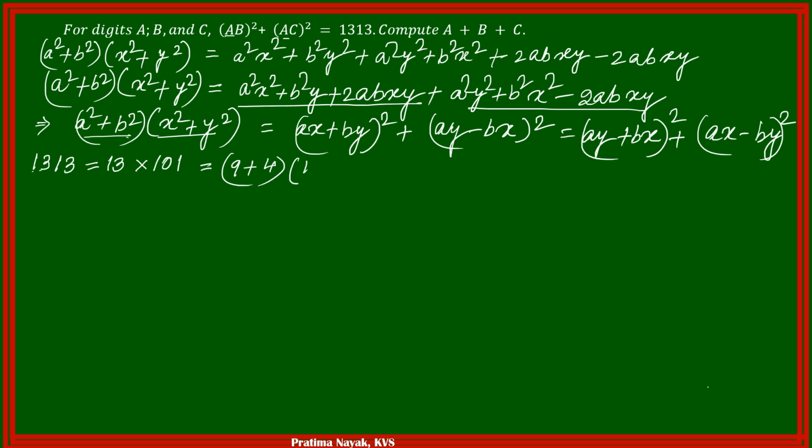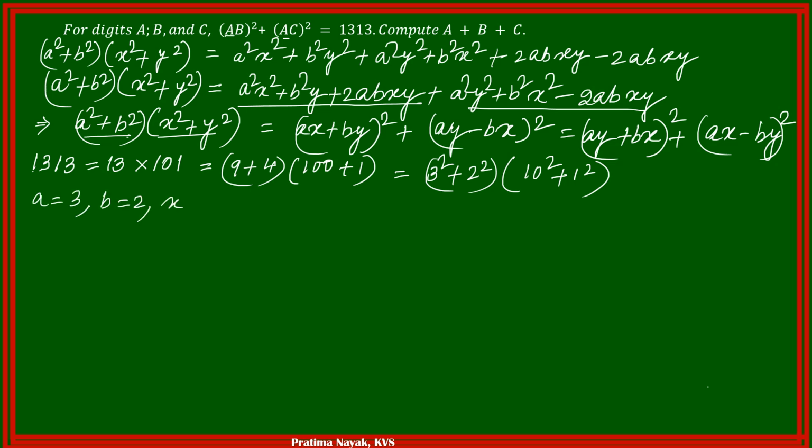And 101, I'll write 100 plus 1. So I'm getting 3 square plus 2 square and 10 square plus 1 square. So what is a here? a is 3, b is 2, x is 10 and y is 1.